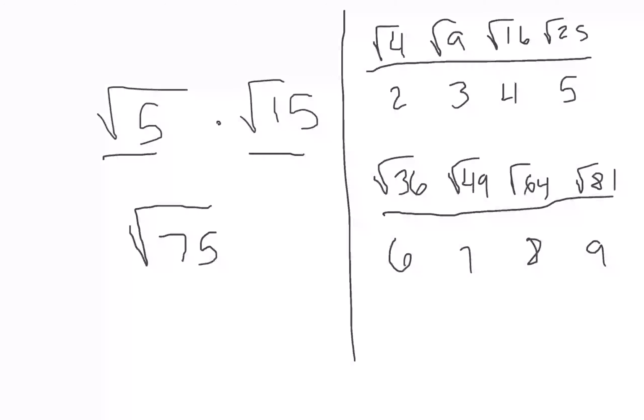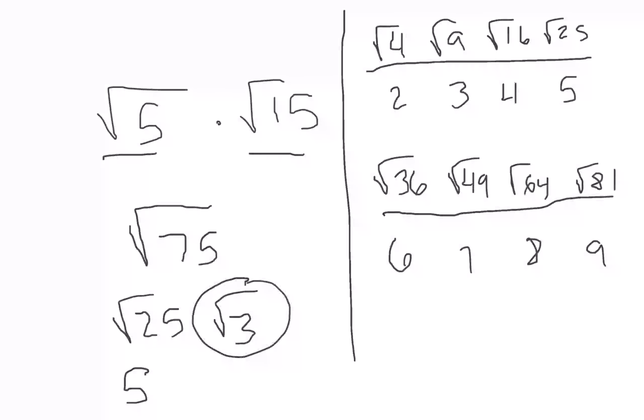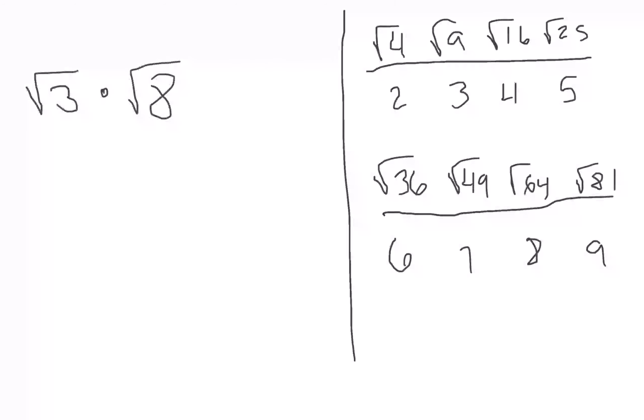Now 75 is made up of radical 25 times radical 3. And I know what radical 25 is. It's 5. But I don't know what radical 3 is, so I am just going to leave it under the radical sign. And I have 5 radical 3, and it is as simple as it can get.